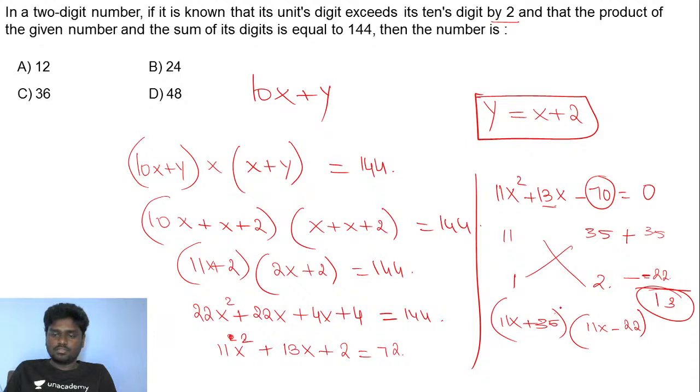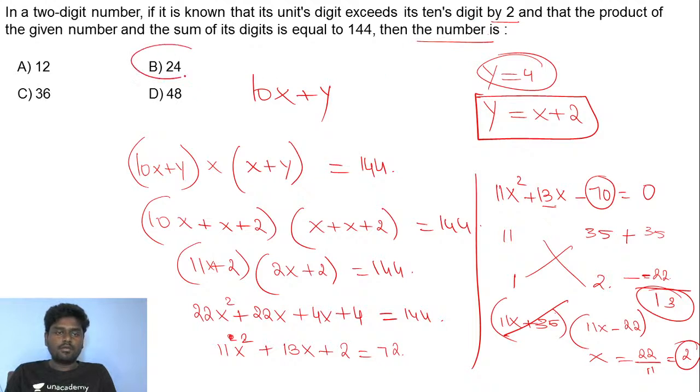So if you try to do so, this will get a negative value. So this gives me x is equal to 22 by 11, that is nothing but 2. So I got the value of x is equal to 2. So if x is equal to 2, then y is equal to 4. Then the number is going to be 24. That's it, that is x is equal to 2 and y is equal to 4.